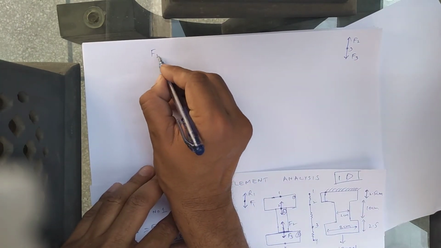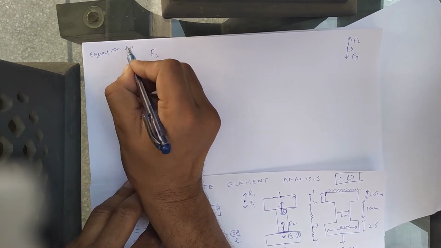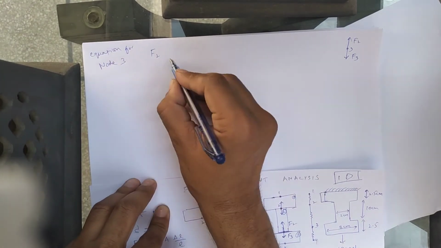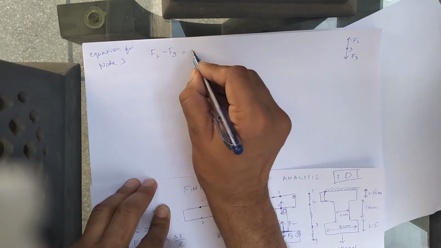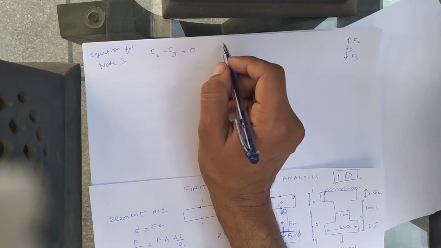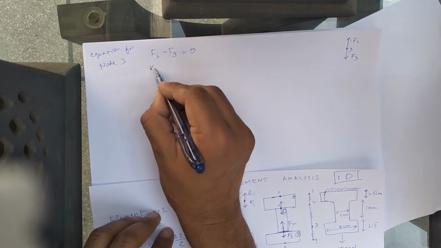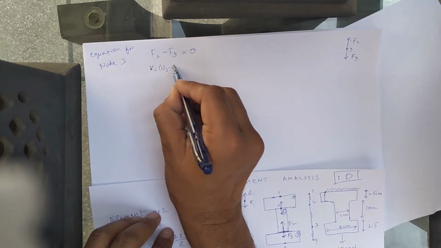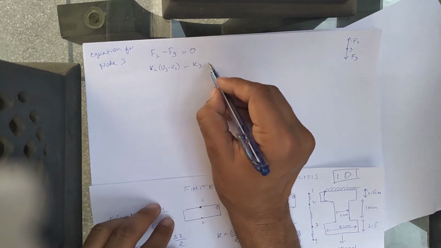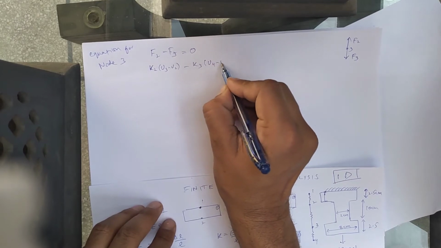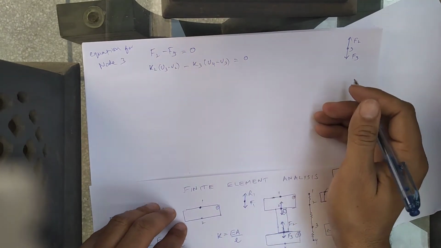That will be the equation for node 3. So that will be F2 minus F3, upward force minus downward force will be equal to 0. So that will be K2 into U3 minus U2 minus K3, where K3 is the stiffness constant for element number 3, into U4 minus U3, and I'll put it equal to 0 because that's in equilibrium, right?